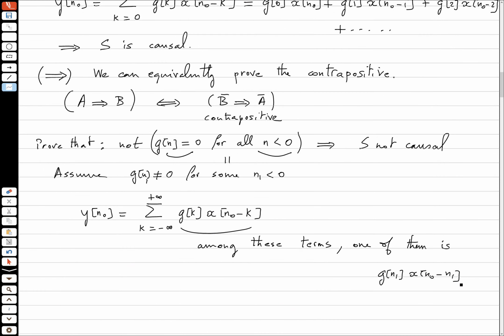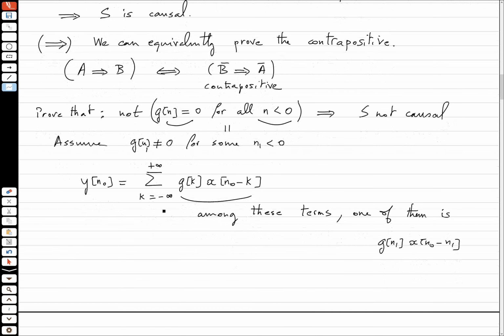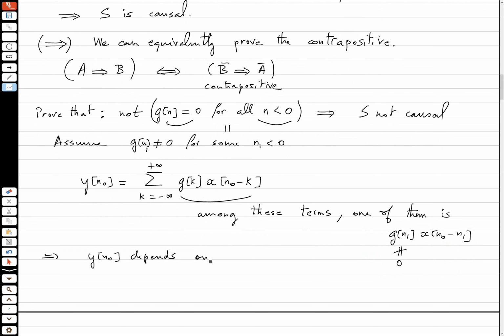Do you agree with this? Because k goes from minus infinity to plus infinity, so among them you are going to have this term. Do you agree? Now, by assumption, this is non-zero. Therefore, y of n0 depends on x of n0 minus n1. You agree?